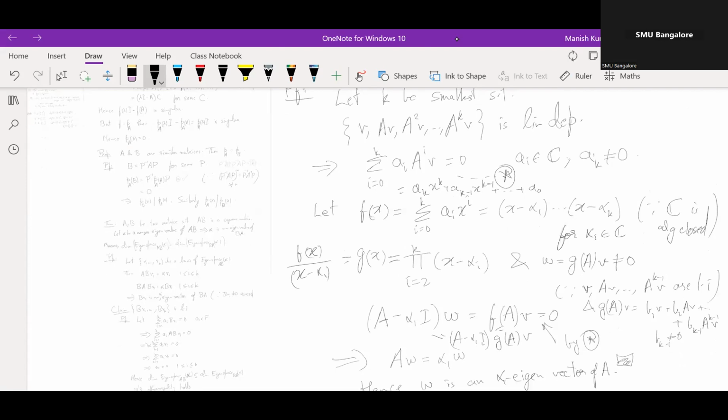So g of x is another polynomial. You're just dividing out one of the factors. It's another polynomial with coefficients in the field of complex numbers. So g of x will look something like this.